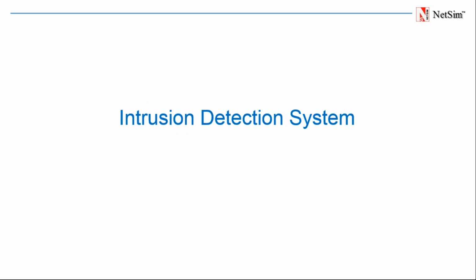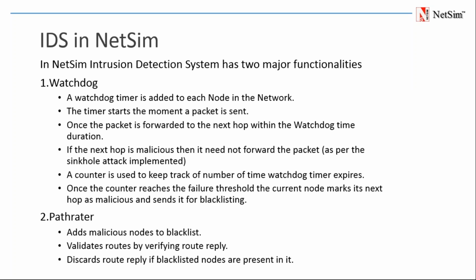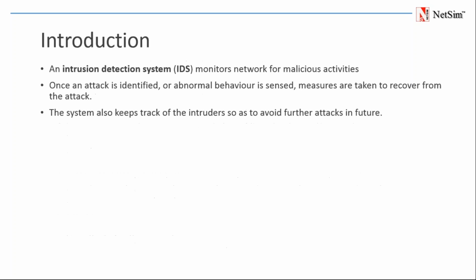Now for the solution of this sinkhole attack, there is an intrusion detection system. So an IDS, or intrusion detection system, monitors the network for malicious activities, and once an attack is identified or any abnormal behavior is sensed, measures are taken to recover from the attack.